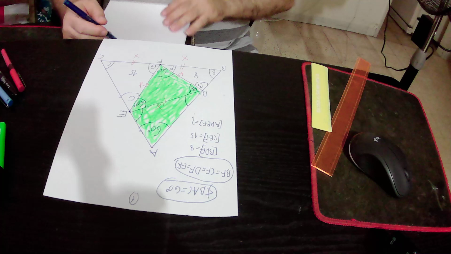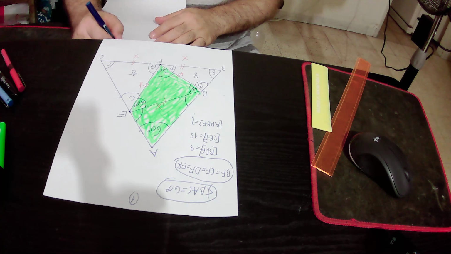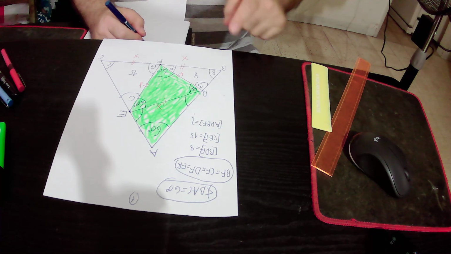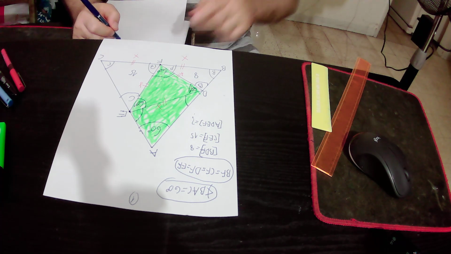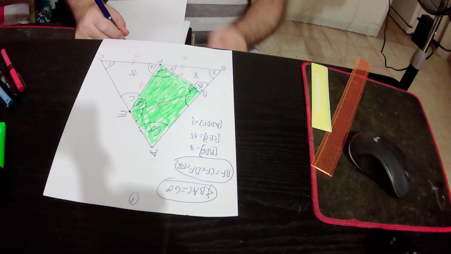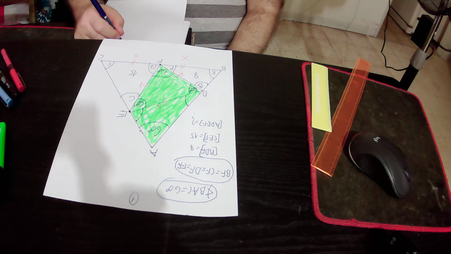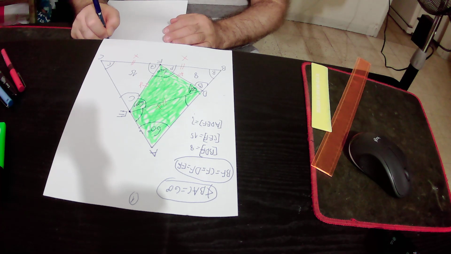That is to say, angle B plus 60 degrees plus angle ADE, this angle, must be equal to 180 degrees according to rule number 2.